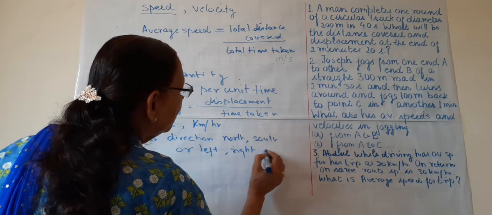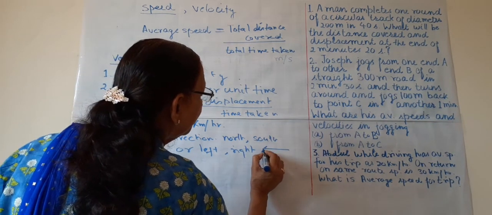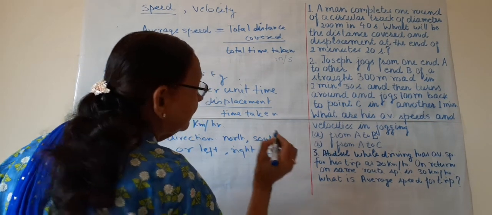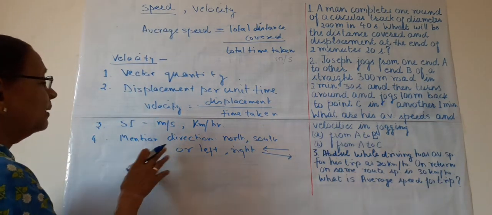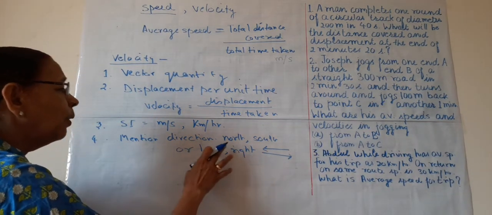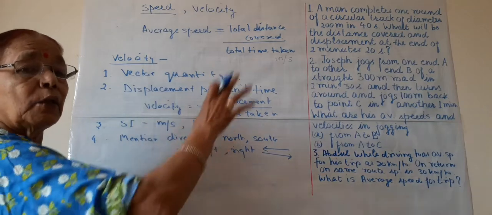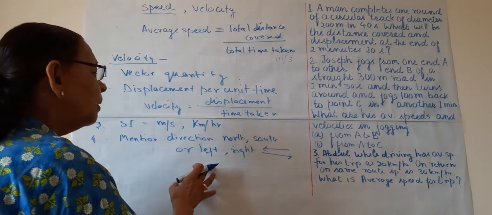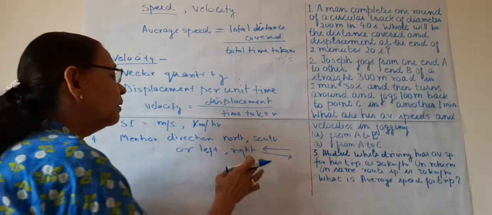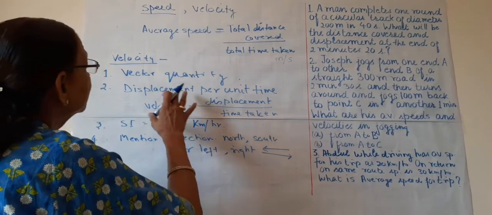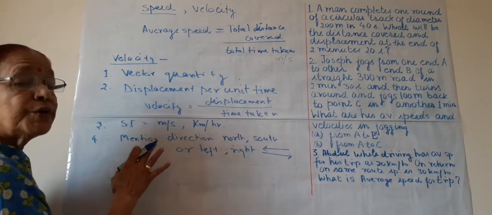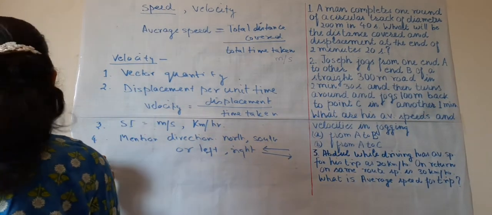Or we can show it by arrow like this or like this. So, the direction can be shown by arrow, or it should be written northeast, southwest, or left, towards right. So, when we are describing velocity, we should write the direction also.